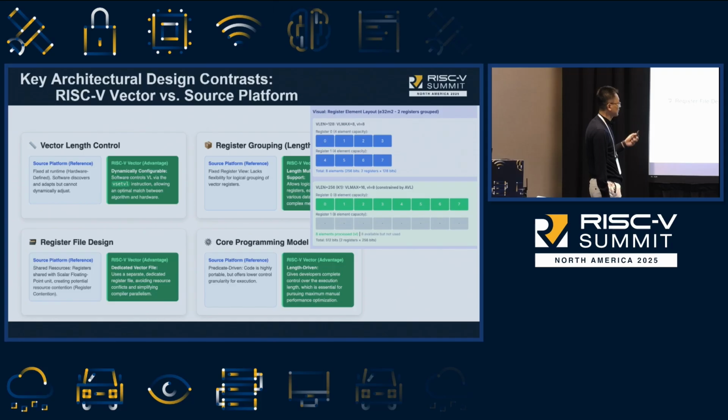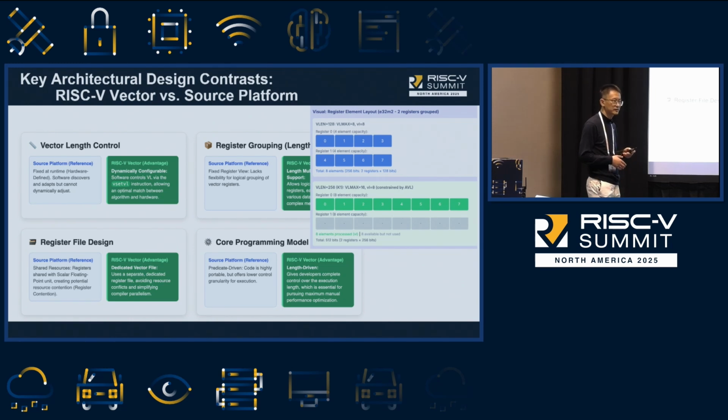With that, I bring up another important concept: the application vector length. There are concepts like AVL, application vector length, and VLMAX, and then the final one is VL. AVL is like a software requirement.